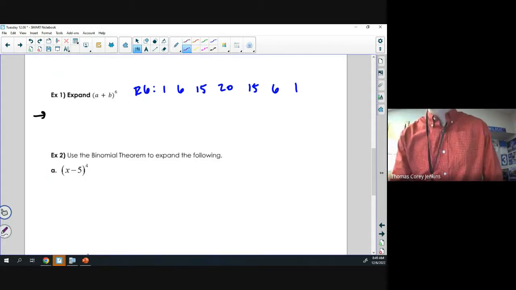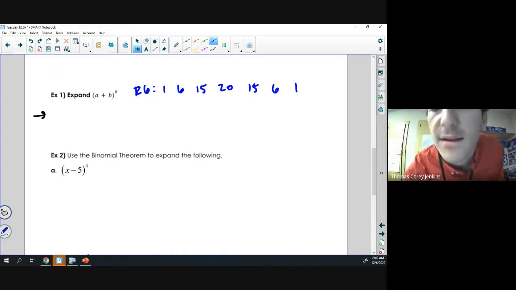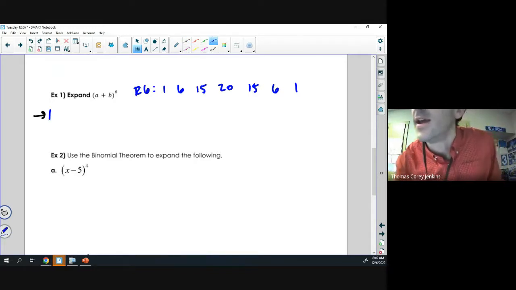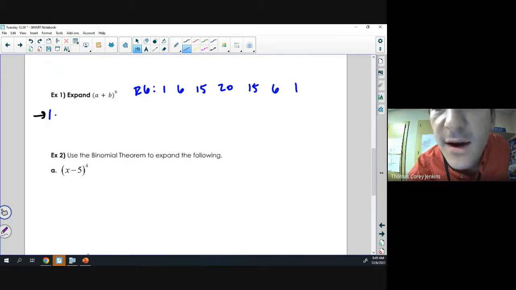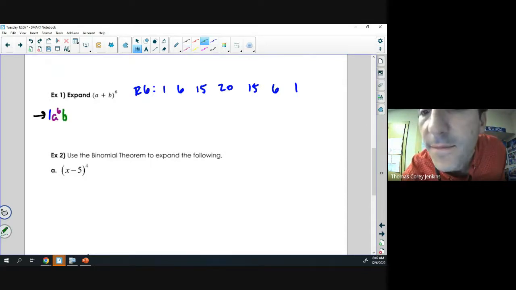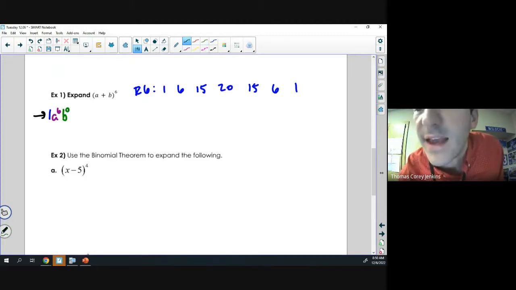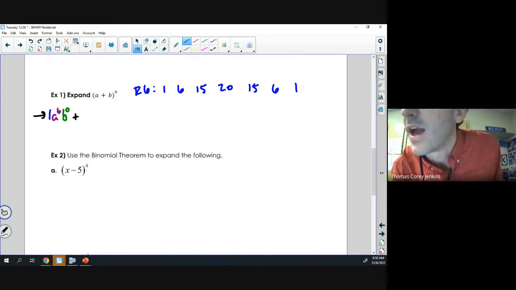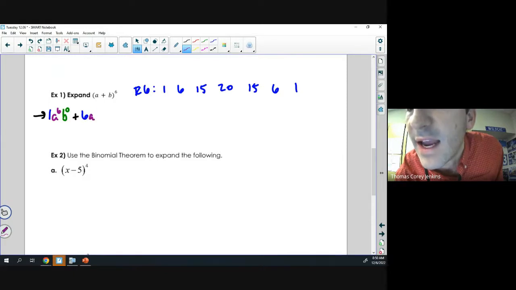Our first term, you always use that coefficient. So 1, and then you have a to some power times b to some power, right? You start with a high, so a to the 6th, and then b to the 0, okay? We'll simplify at the end. Then our next term would be 6, and then a to the 5th.